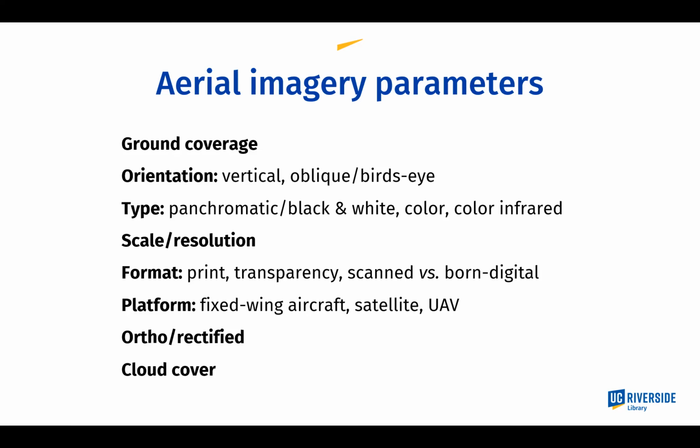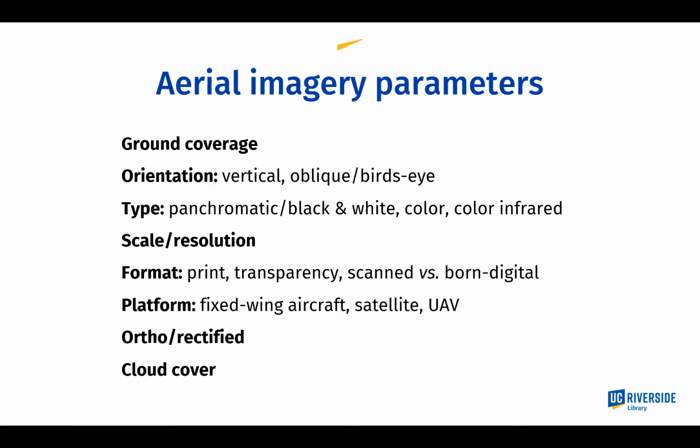The different types of imagery, like I said, there's black and white, also known as panchromatic. There's color infrared. That last one is good for showing vegetation types very distinctively. You want to think about the scale or resolution of the imagery and if it's sharp enough to show you what you need to figure out. The original format may have been a print or a transparency.